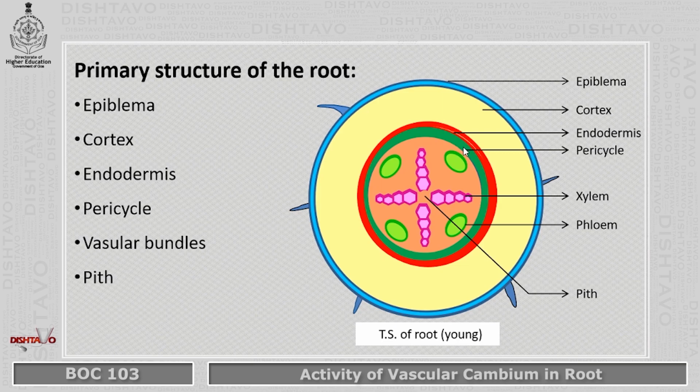Beneath the endodermis is a layer of pericycle, and within the pericycle you will find the vascular tissue, that is xylem and phloem, arranged in radial fashion, and these tissues are embedded in a tissue which is called as conjunctive tissue. In the center you may find pith in some roots, or pith may be completely absent.